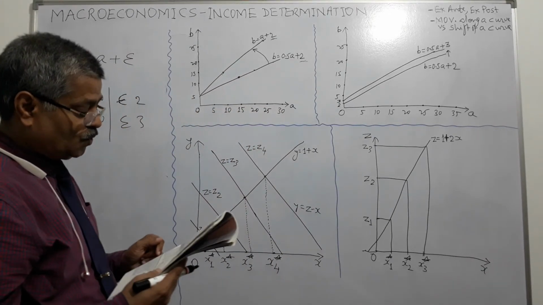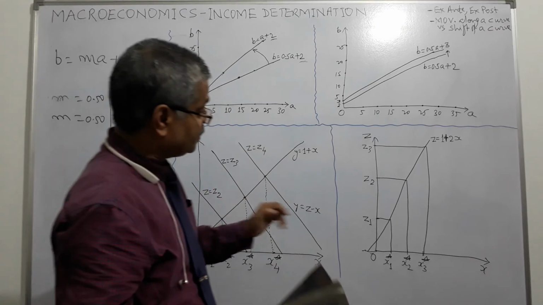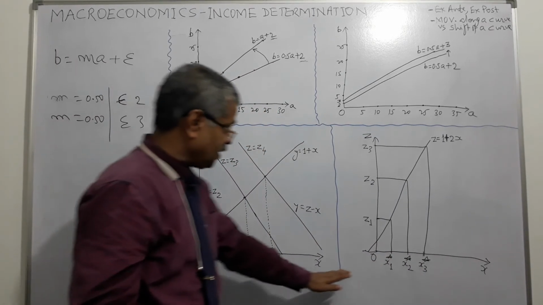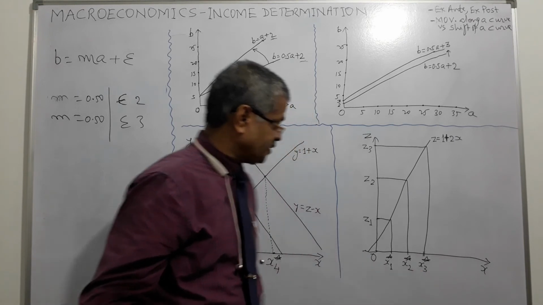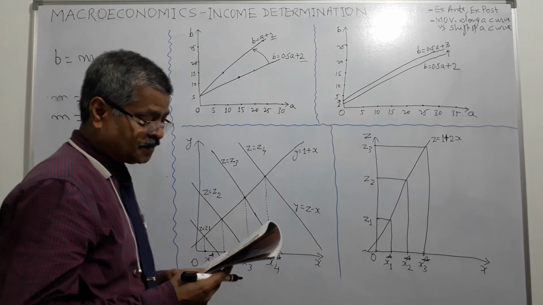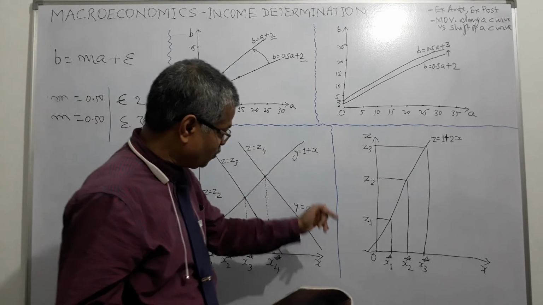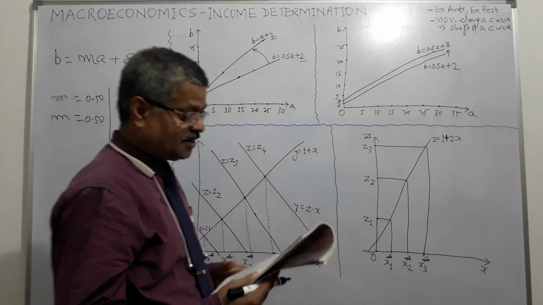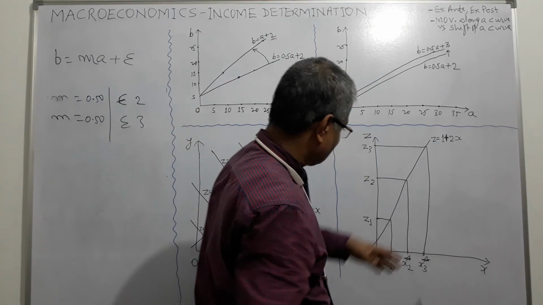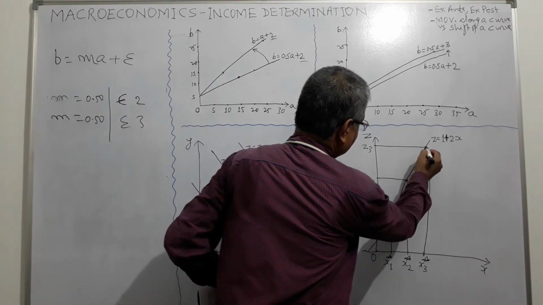So what does it show? We are trying to find out the relationship between z and equilibrium values of x. These are the equilibrium values of x at different points on the horizontal axis x, right? This can be obtained by plotting x1, z1, x2, z2, x3, z3 like this. And this is the plotting that we have done, right?